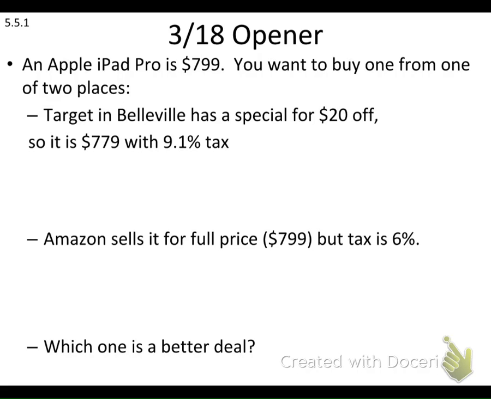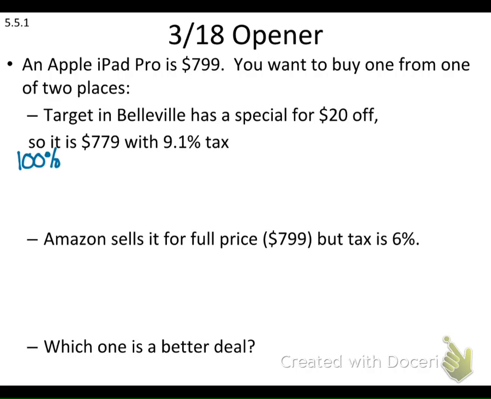Okay. So, percent increase, decrease notes. We're going to do the percent increase, decrease 2 times because we have to find it for Target, then we have to find it for Amazon. When I'm using my percent increase, decrease notes, what's my step 1 say to do? Start with 100%. Okay.